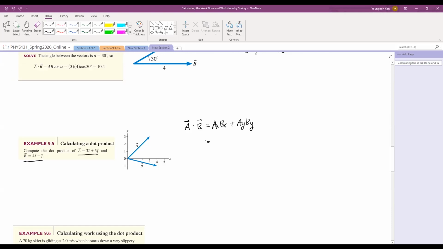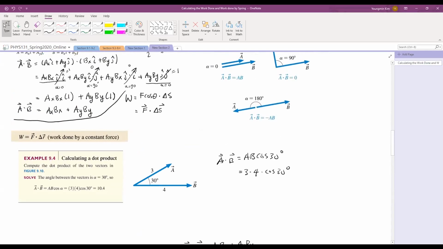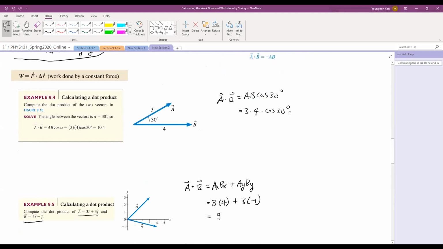In this case, A_x is 3, B_x is 4, plus A_y is 3 and B_y is minus 1. So this is 12 minus 3, so that's equal to 9. That is straightforward using the dot product with components, and here is with the angles and the magnitudes. Depending on the situation, you may use either one. You should get exactly the same answer.